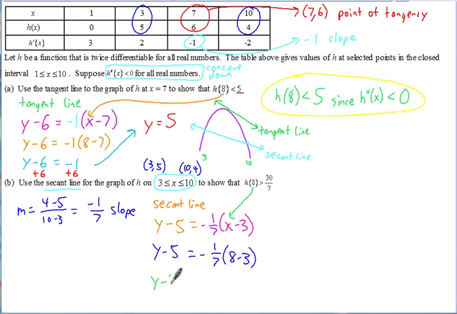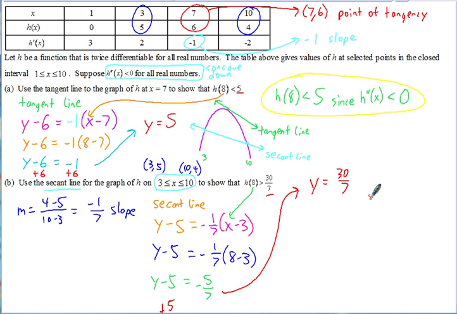So you get y minus 5. 8 minus 3 is 5 times negative 1/7, gives you a negative 5/7. And then if you add the 5, that's like adding 35/7. So 35/7 minus 5/7 gives you 30/7, which not coincidentally is the value they have right here.